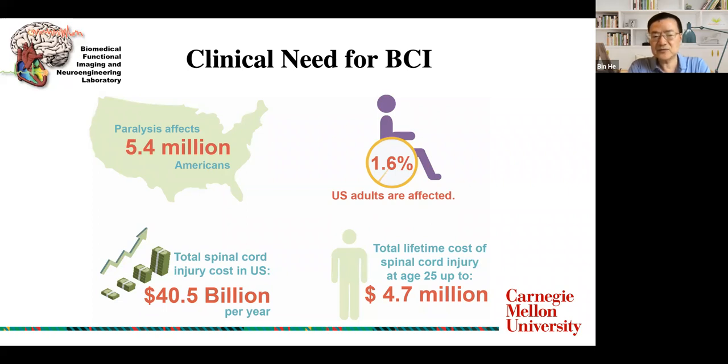Spinal cord injury alone costs more than $40 billion every year in the United States. For an individual who is 25 years old with spinal cord injury, the lifelong cost is going to be close to $5 million for a single individual alone.